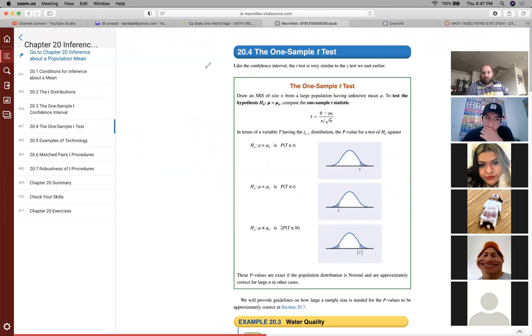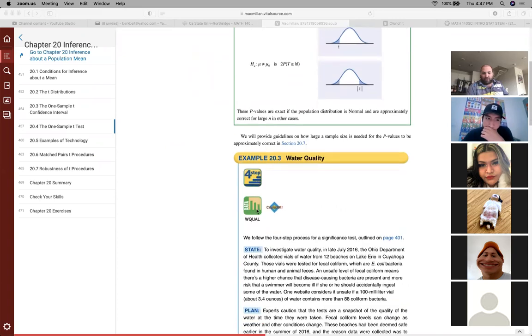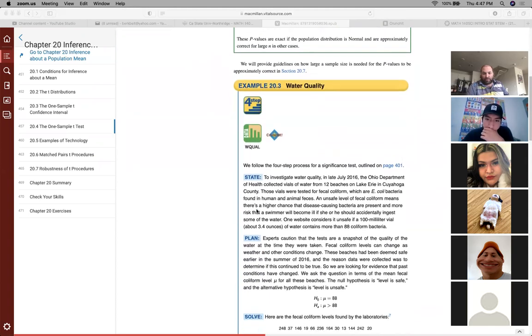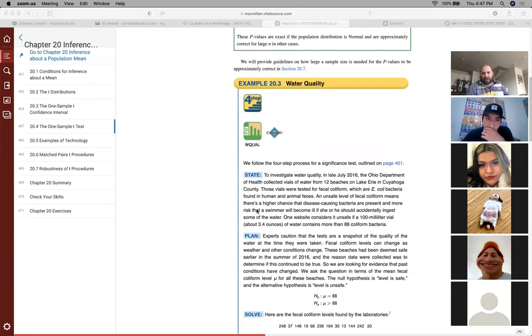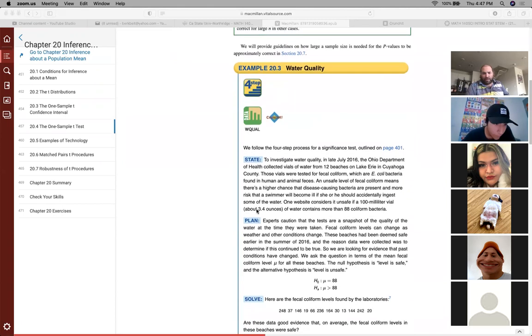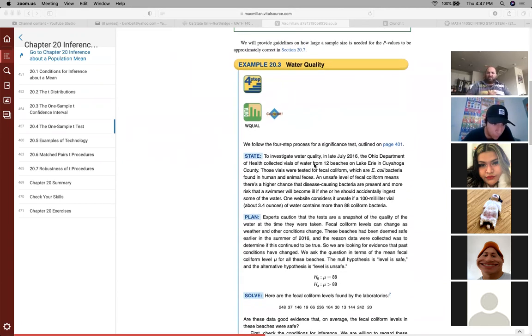What do you do when you don't know sigma? So here we have an example. To investigate water quality in late July 2016, the Ohio Department of Health collected vials of water from 12 beaches on Lake Erie in Cuyahoga County.